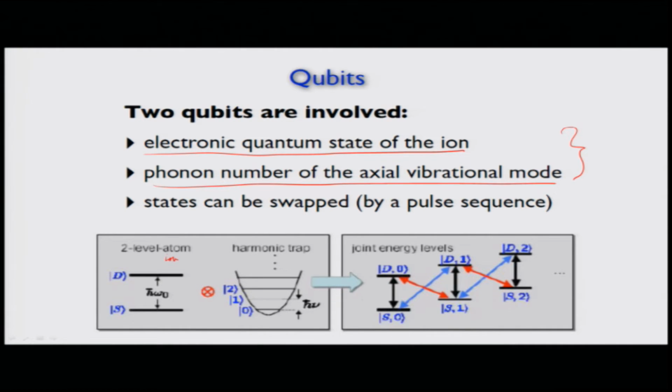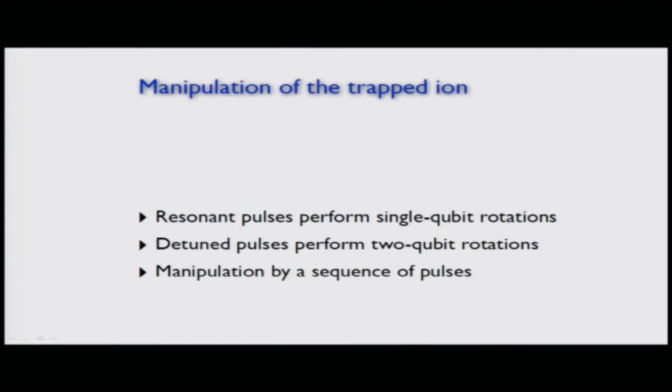These states which we generate as a result of this coupling can be swapped with the help of a pulse sequence, as I was discussing, and this is the reason for the use of a laser or RF. It depends on which particular condition we are talking about. Mostly it is the laser which is used for addressability, which addresses these joint energy levels and makes these states be swapped as a result of the interaction with the laser pulse.